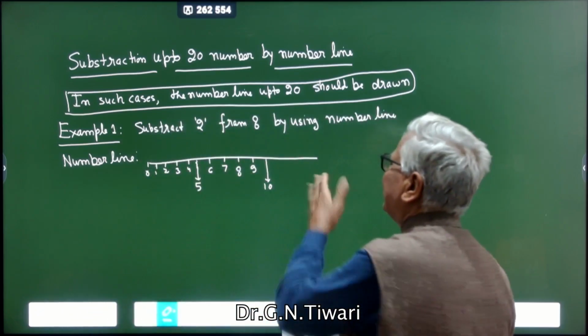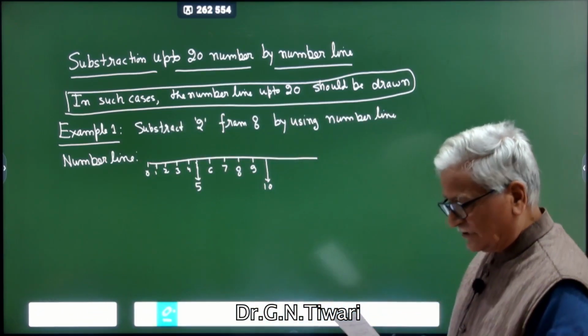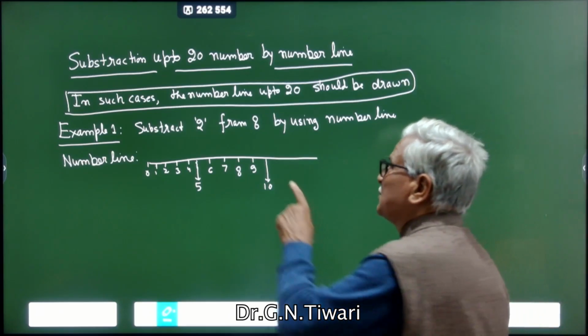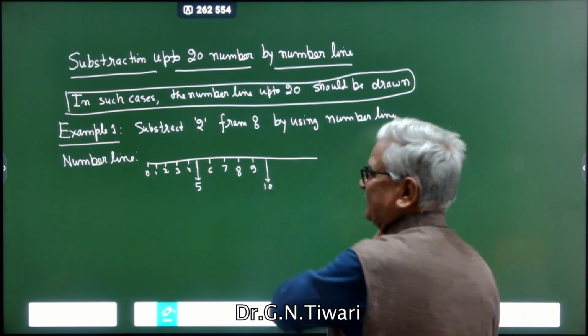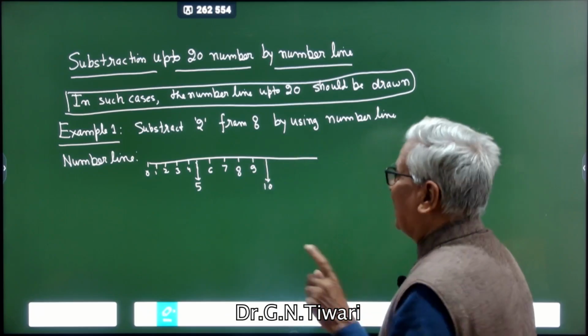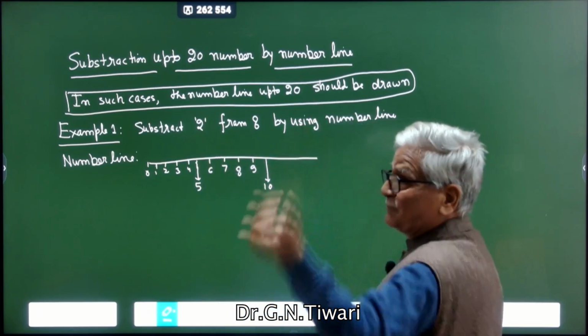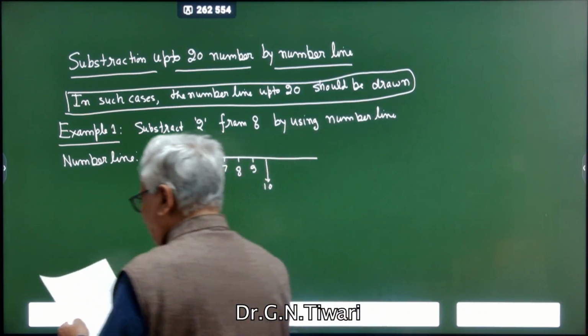If the line is extended, it makes no difference. Now just see. Step 1, because we have to subtract 2 from 8. Listen carefully. 8 is the first digit, 2 is the second digit. I have explained earlier.